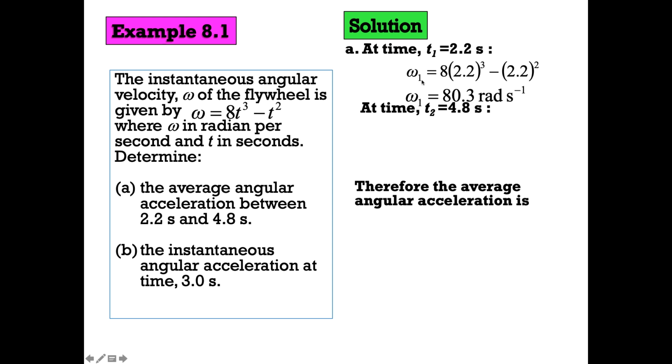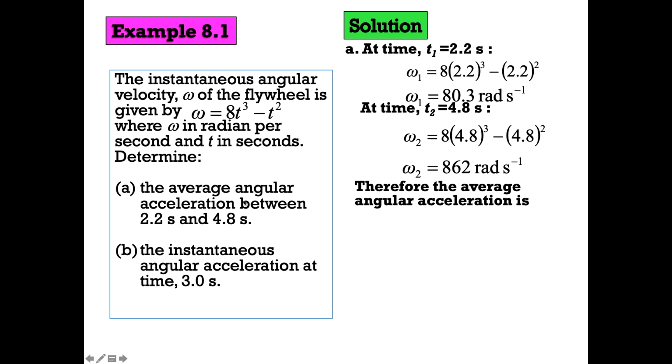Okay, you can repeat the same step for time 2, which is 4.8 seconds. Substitute the time in the equation, and we will get omega 2 equal to 862 radian per second.